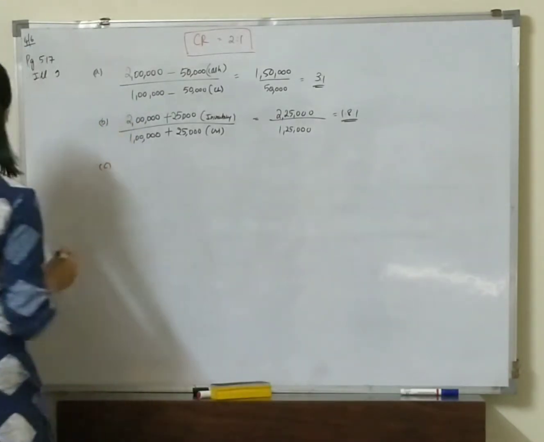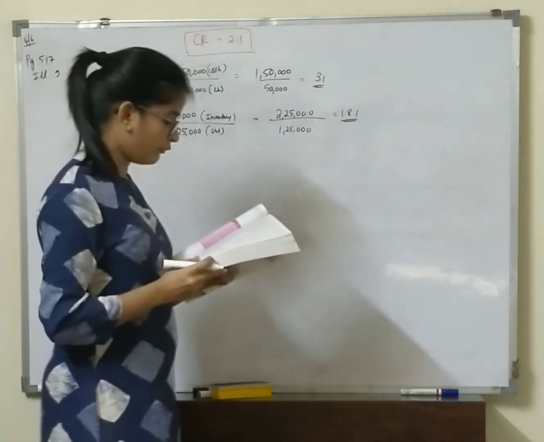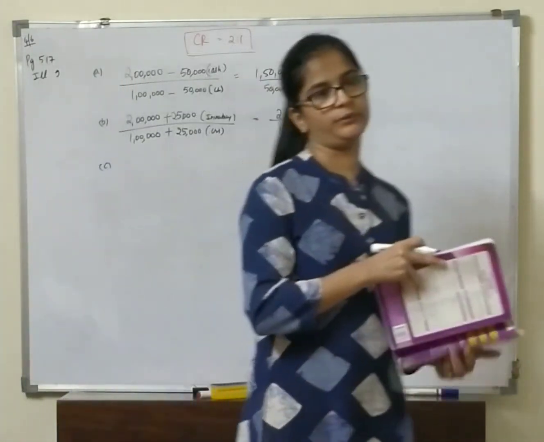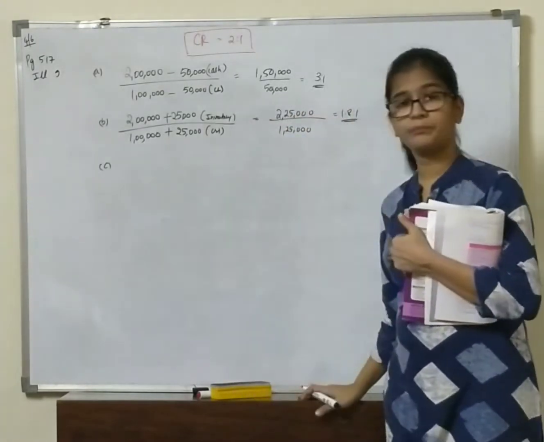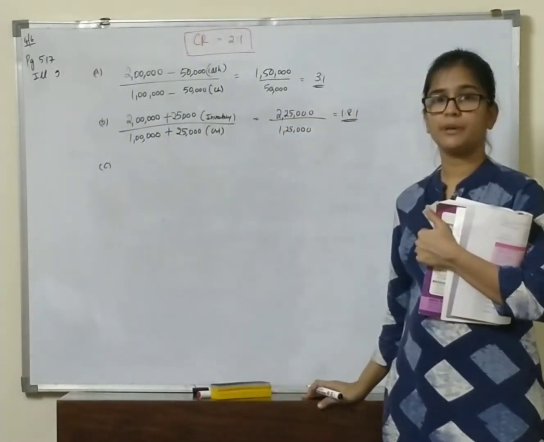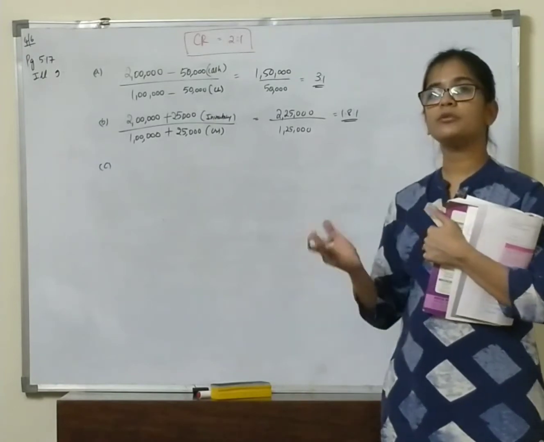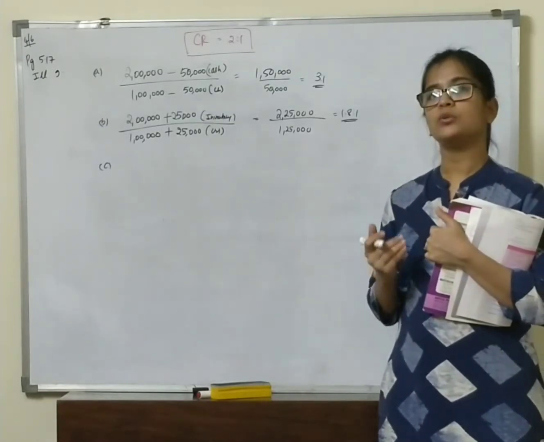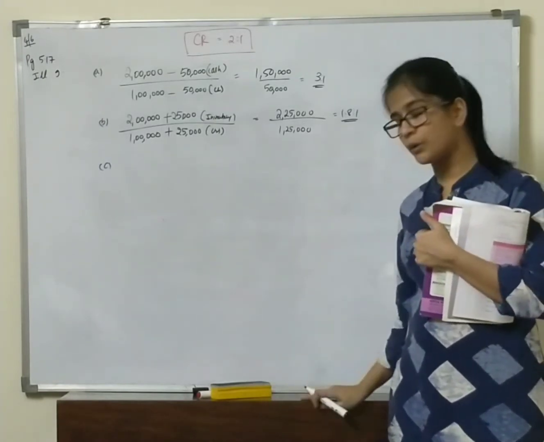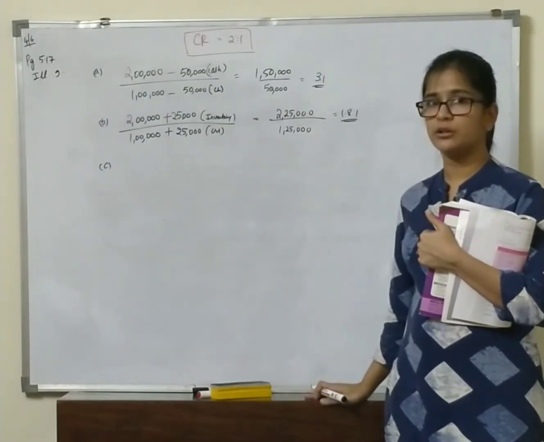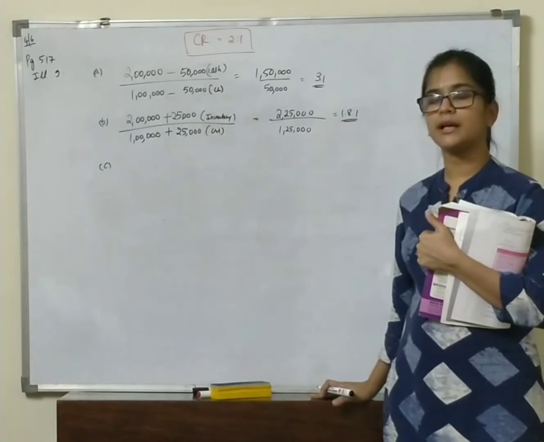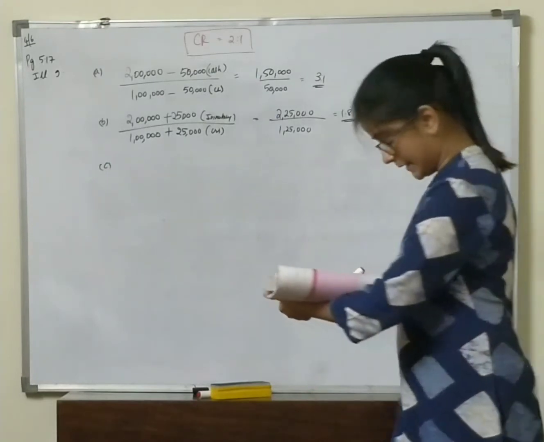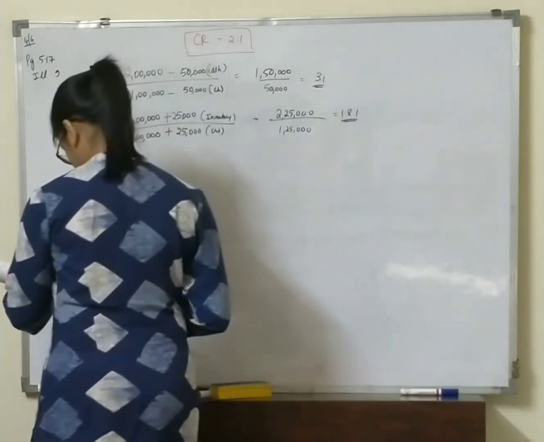Next, C. Sale of an office equipment for 4,000. Now for example, if you are selling this office bench or desk, what are you getting in return? You are getting cash. What is going out is the furniture, but furniture is a fixed asset. So current asset is increasing. So what will happen?